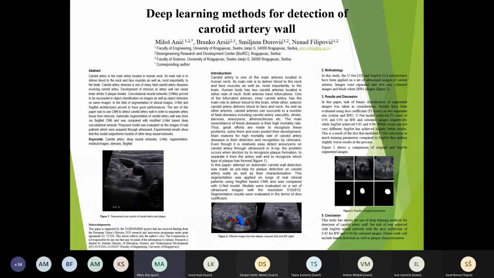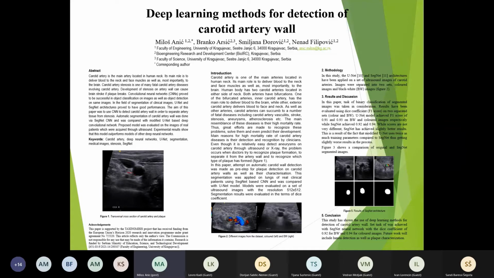Thus, in this paper, we aimed to detect, at least to start a pre-step for stenosis detection and characterization, whose pre-step is to detect the wall and lumen of the carotid arteries.